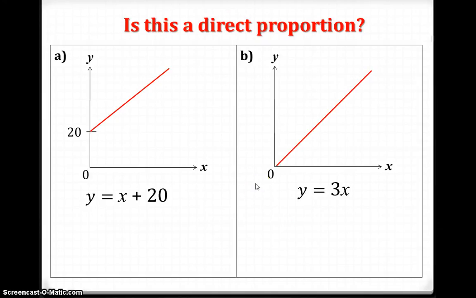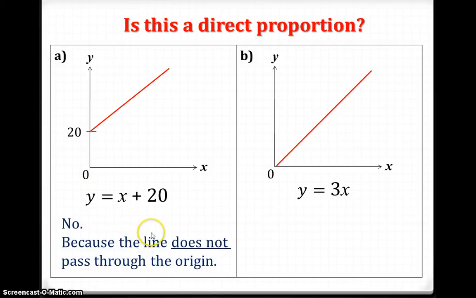Okay, now we need to determine whether these two cases are direct proportion cases or not. Let's look at A. y is equal to x plus 20. Is this a direct proportion? Does the straight line pass through the origin? No, the straight line doesn't pass through the origin. So this is not a direct proportion because the line does not pass through the origin.